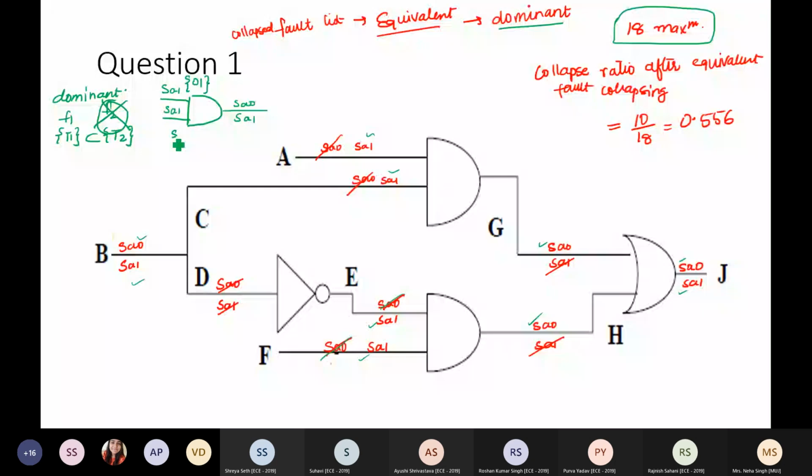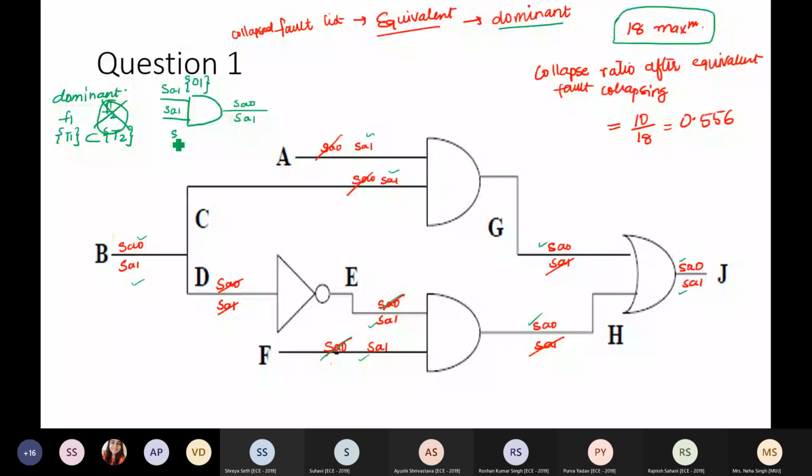So after dominant fault collapsing, I am left with only 3 faults as compared to the initial 6 faults possible on the AND gate. Right? So now use this procedure on the left out faults.